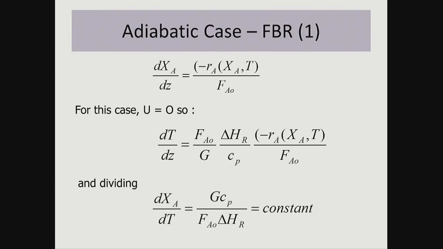And we had, of course, conversion related in an incremental length, that's the Z element, and it's related to rate, which is a function of conversion and temperature and the flow rate in. We're trying to make everything so that you know the measurables. So you've got the temperature in, you've got the temperature where you can measure it, you've got the incremental length, you've got the flow rate of the feedstocks, the molar flow rate or weight flow rate that you can then calculate into molar flow rate in.